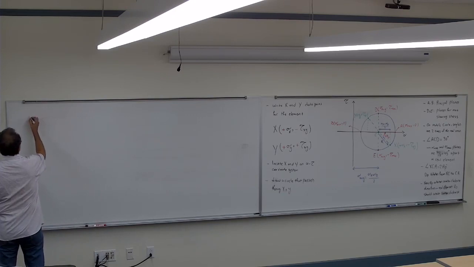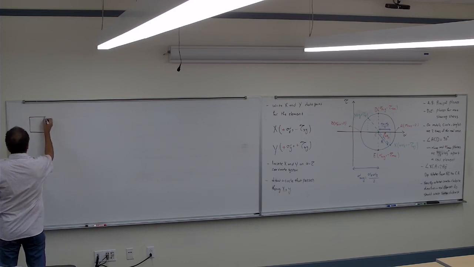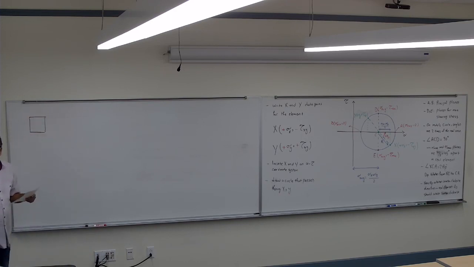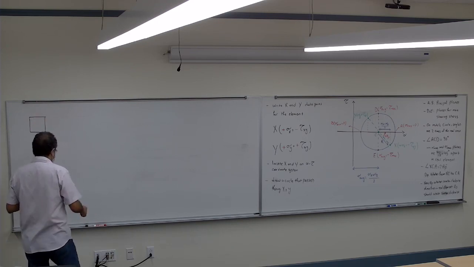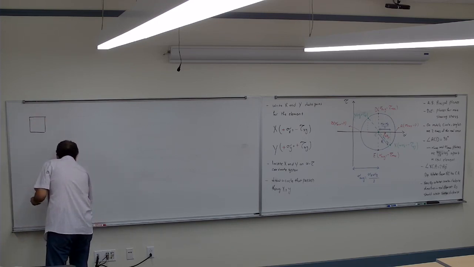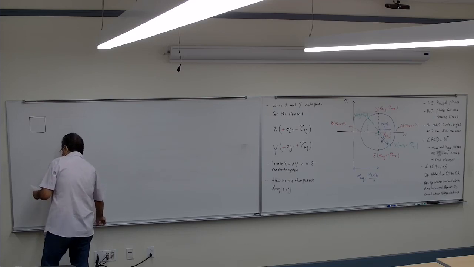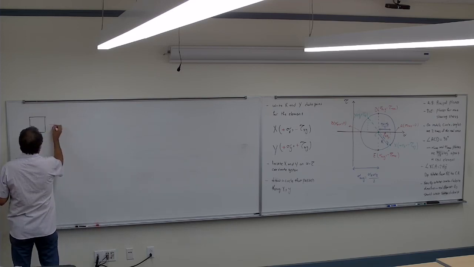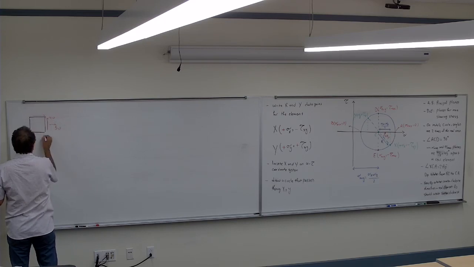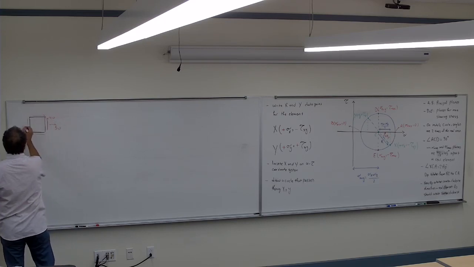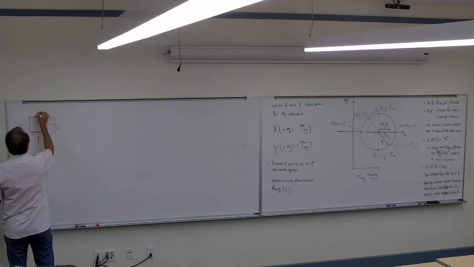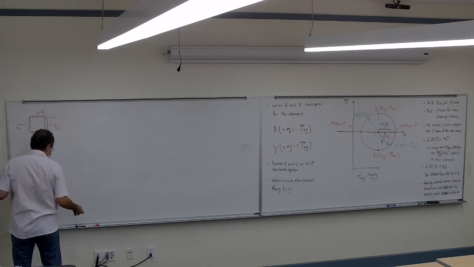So I have an element like this, and it was 50 this way for the shear, 50, and we have 10 this way.